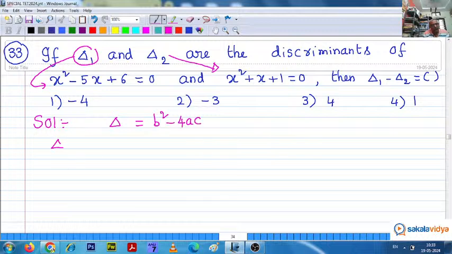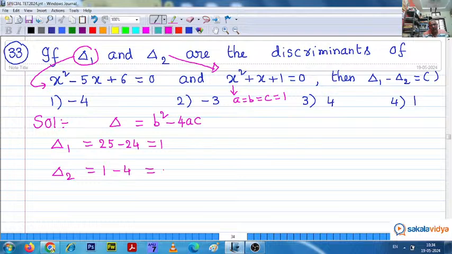So delta 1 means b square, 25 minus 24, you get 1. For the second equation, delta 2, don't get confused, a is 1, b is 1, c is 1. So b square minus 4ac, 1 square 1 minus 4, so minus 3.